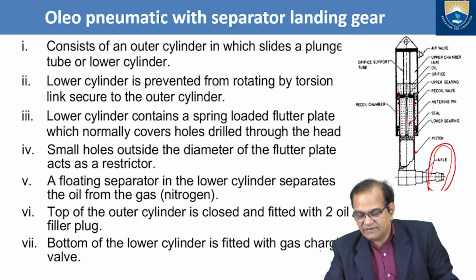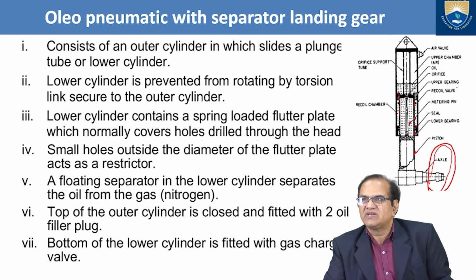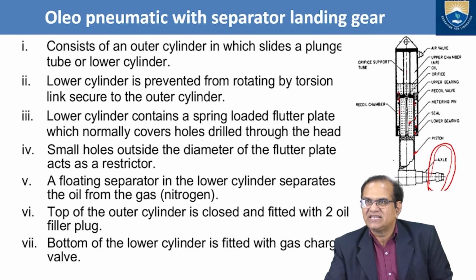So this you can see here. We have the lower bearing, upper bearing. We have here this piston. This piston will move, and here we have a small orifice. As and when the impact takes place, this will try to go up. Due to this, here it is air charge, it will try to press the air, and this hydraulic fluid will enter by this orifice.